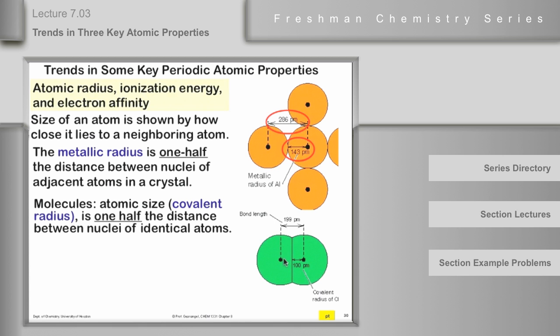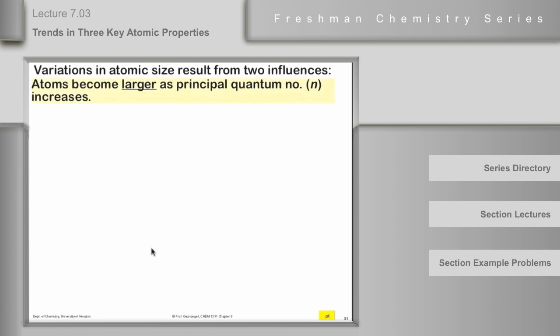You measure the distance between the nuclei of the 2 chlorine atoms in a Cl2 molecule. That turns out to be almost 200 picometers. You divide that by 2, and so the covalent radius of chlorine is about 100 picometers, pretty close.